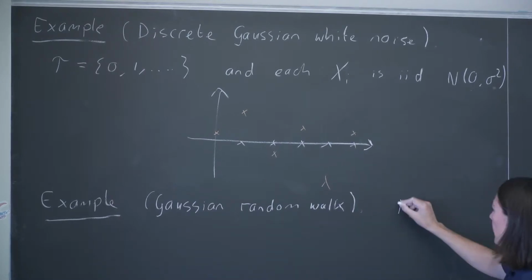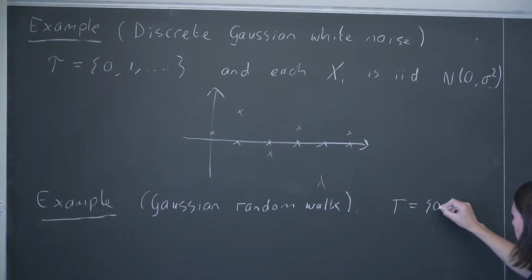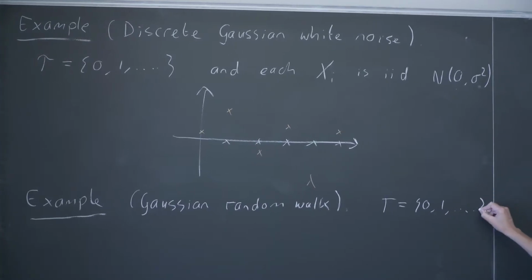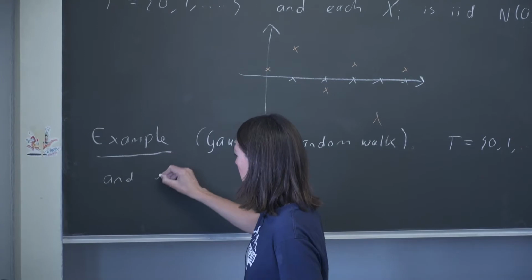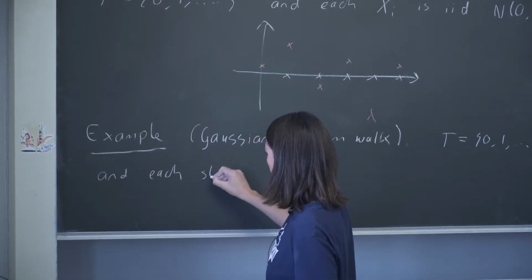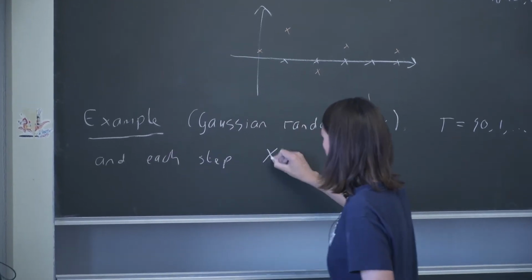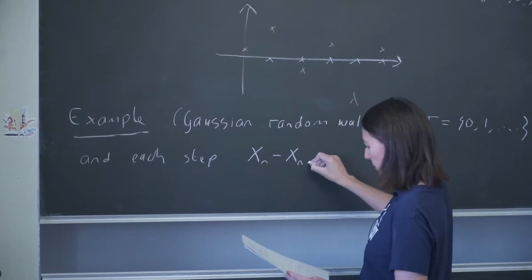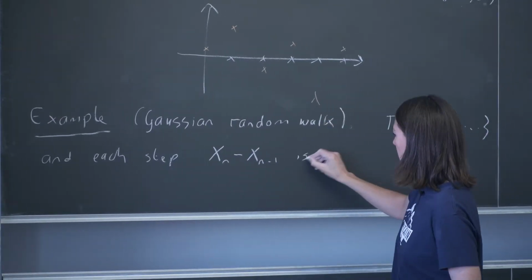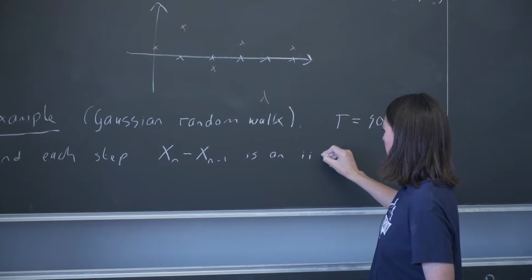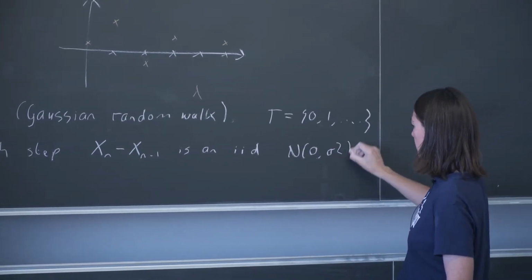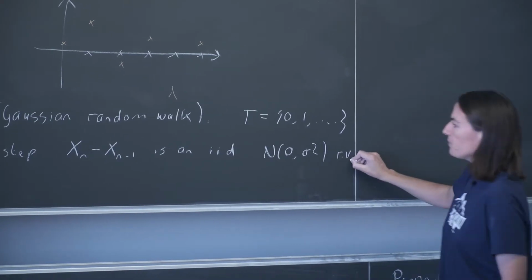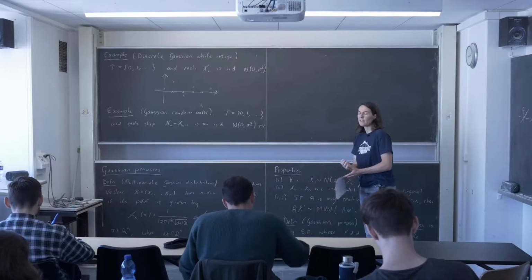So again, we take our index set t to be the non-negative integers. And this time, each step, xn minus xn minus 1, is an IID normal 0 sigma squared random variable. Okay, so it's a bit like the simple random walk.